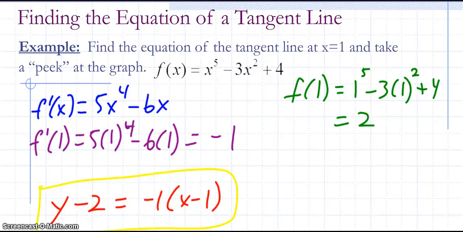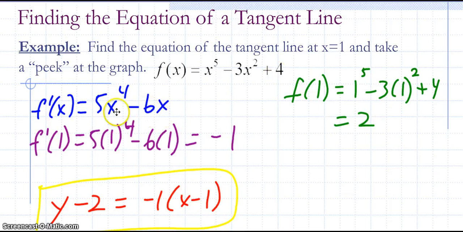Alright, so first we find what is f of 1. So I need to find a point. Right now I only know that x is 1, what is y when x is 1, so I find f of 1 and that's 2. Now I take the derivative, I use the power rule, bring down the 5, reduce the exponent by 1, bring down the 2, multiply by the constant 3, reduce the exponent by 1.